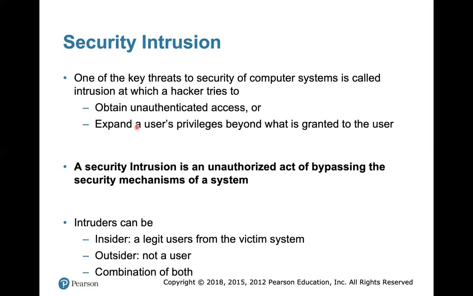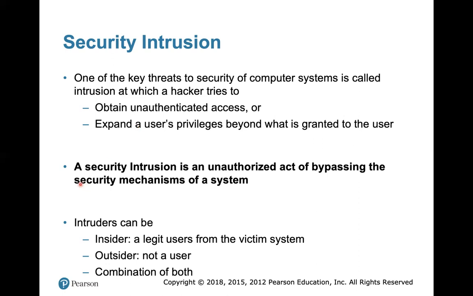If that user tries to expand the level of privileges, meaning that he or she tries to, for example, access some of the files that he or she is not allowed, or tries to call some of the system calls that he or she shouldn't call, this is also called intrusion, and that person is an intruder.